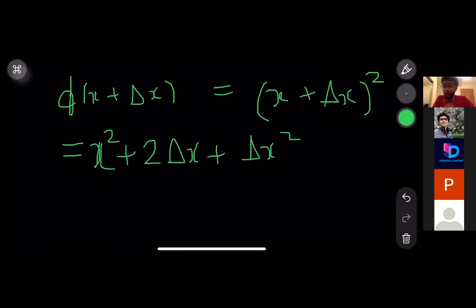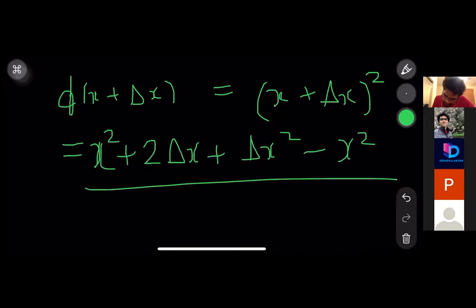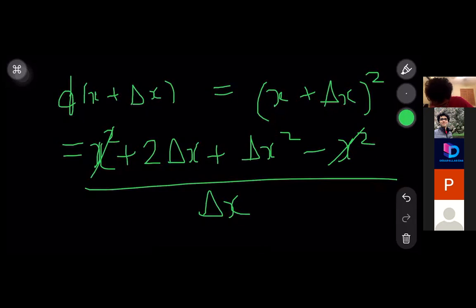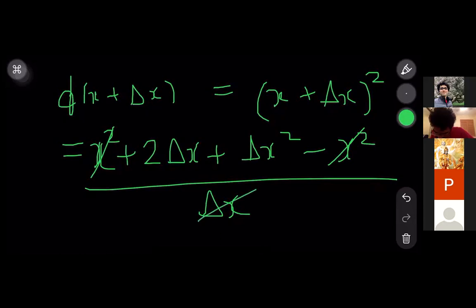Okay, now you have to subtract from it f of x, minus x squared, and then you divide by delta x. So what do you get? X squared gets cancelled. Now you divide by delta x. Sorry. Now when you divide by delta x, you are left with 2x times delta x.